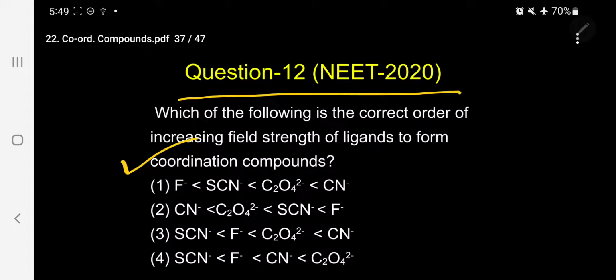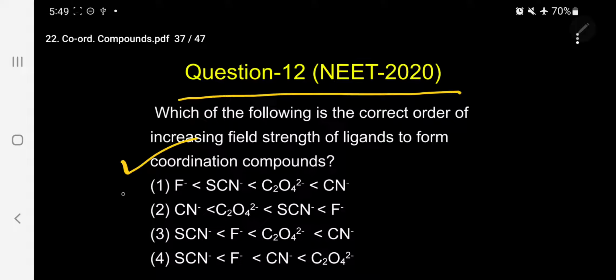It is given very clearly in the book, the order of ligands from weak ligand to strong ligand. Normally CN is the strongest ligand. So that you have to memorize. Kindly follow. The order of ligands you have to memorize.